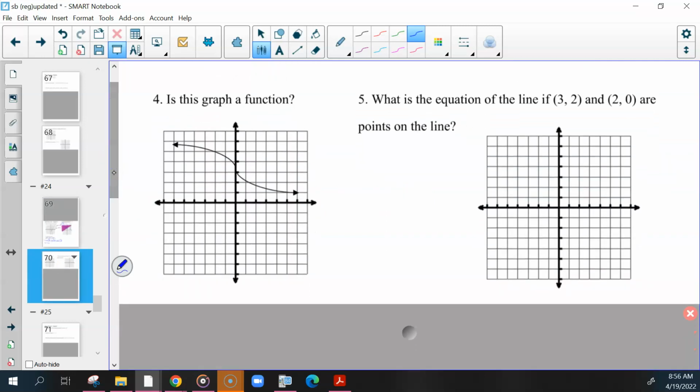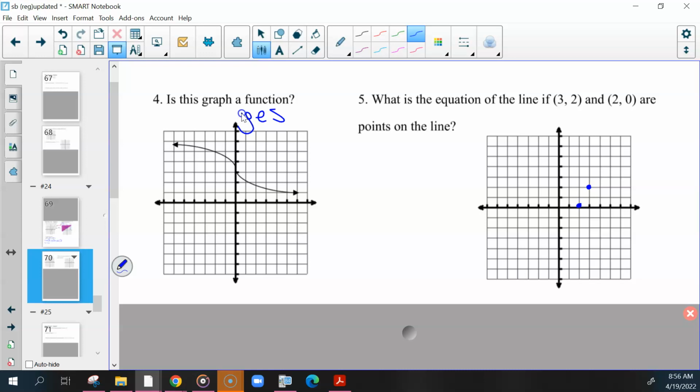For number 4, this is a vertical line test, so that one is a function. And then for number 5, the equation of the line, if these 2 points are on the line, you could plot these 2 points and then go back and find your slope and y-intercept from this.